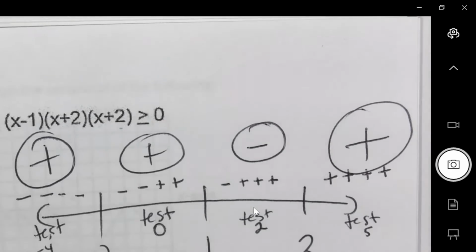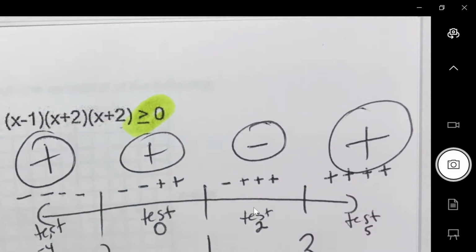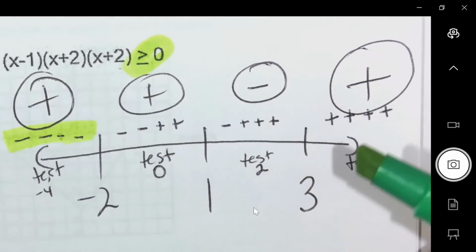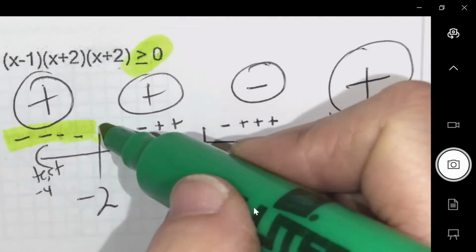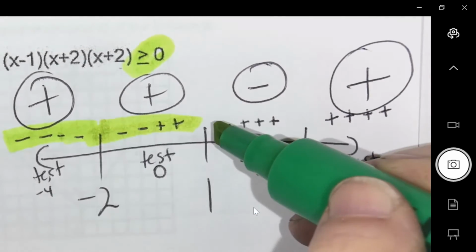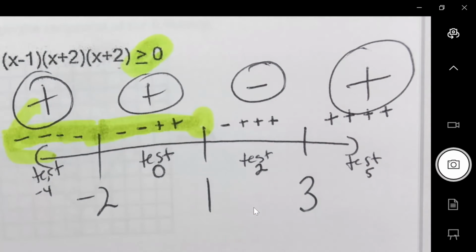Okay, what's the answer here? We want to be greater than or equal to 0. So this zone would work, positive. Right on this would work. Oh, and then we can just continue on. So we can actually combine those zones together because there's no stopping.